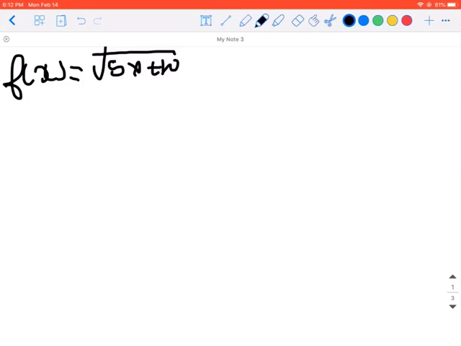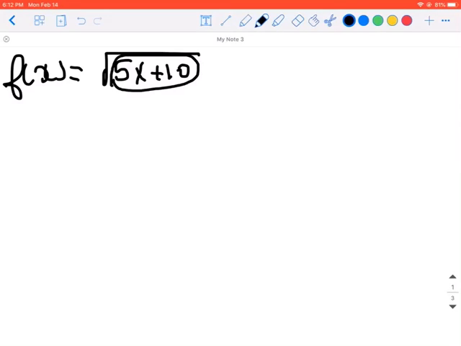Okay, this function, like we said before, is defined when the expression under the radical, that is 5x plus 10, has to be greater than or equal to 0 for f of x to be defined.